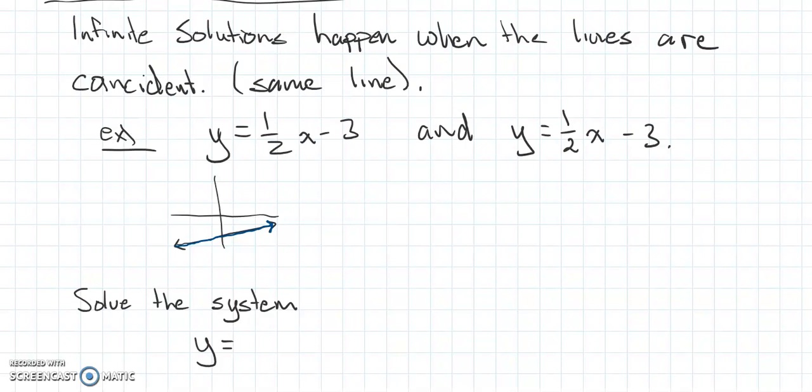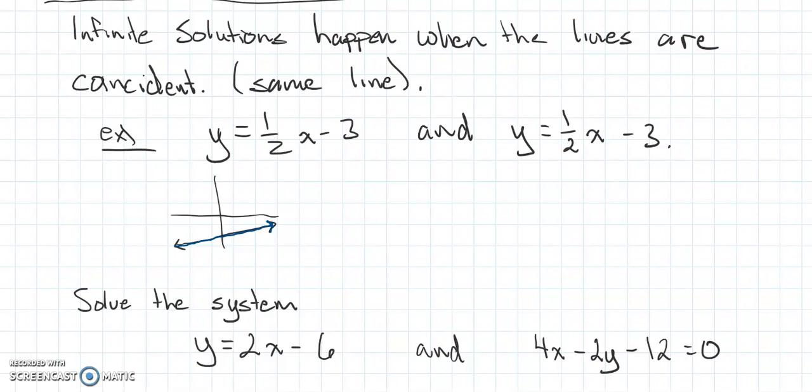Y equals 2x minus 6, and let's go 4x minus 2y minus 12 equals 0.